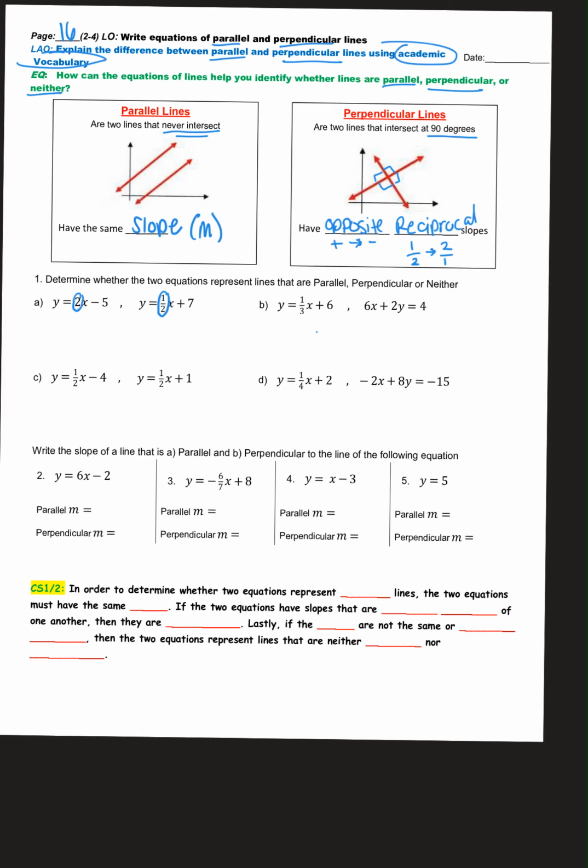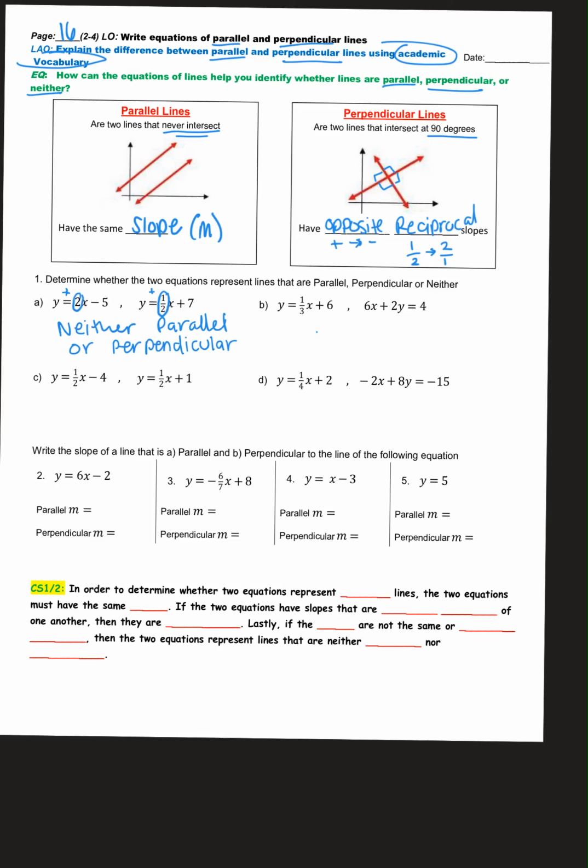I also know that this is a positive and so is this. And because they are not opposites, they are not perpendicular either. So these are neither parallel or perpendicular. Neither of the two.